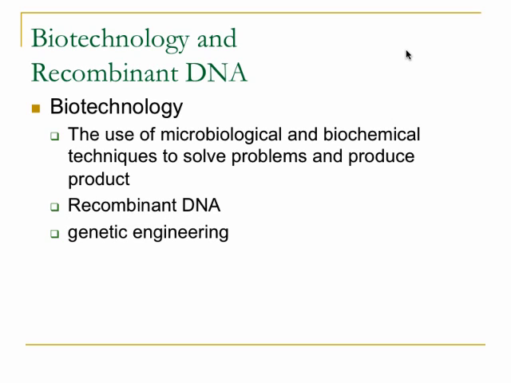So biotechnology: your book gives a definition of using microbes or microorganisms to produce products. But really, it's to produce products that help to solve problems or have some benefit. So it's the use of things like bacteria, yeast, and viral DNA in order to create a combination of DNA.